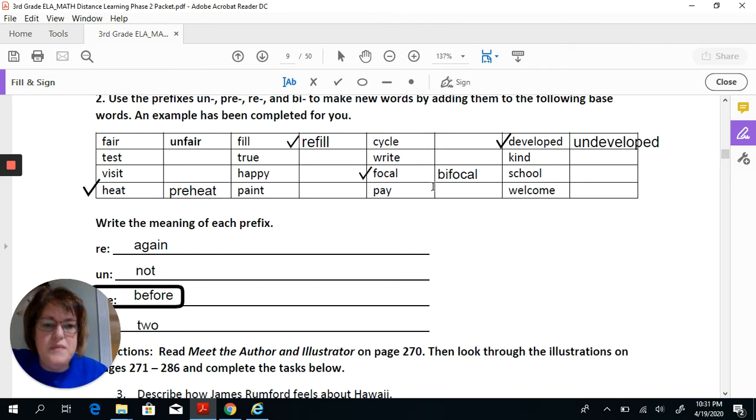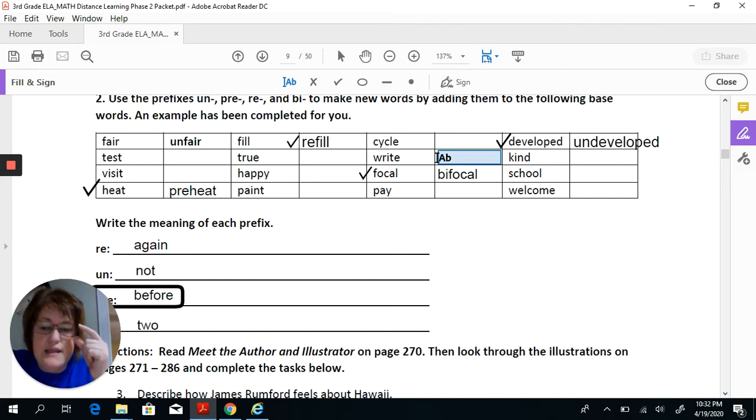In the next column, I chose focal because I thought this might be one that you're not as familiar with. If you add the prefix bi before the word focal, you end up with the word bifocal. Now, you may have parents or grandparents that have to wear bifocal lenses. And boys and girls, those types of lenses are actually lenses that you would wear in your glasses, like what Miss Clyett has.